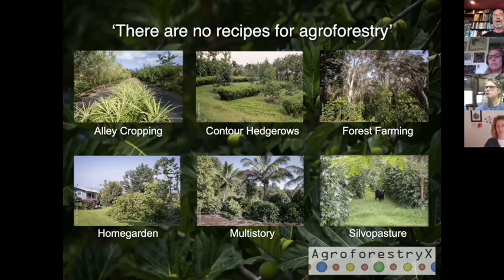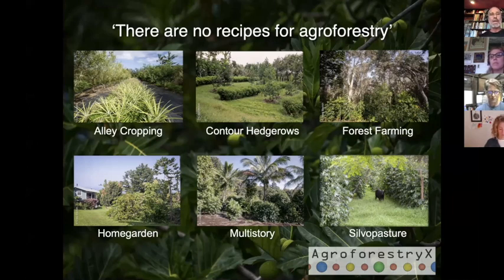In the literature, agroforestry is presented in many places as practices. Different practices are categorized as agroforestry practices. Here are a few of them shown here, such as alley cropping, contour hedgerows, forest farming. We felt that practices can be very fluid in how they're implemented.